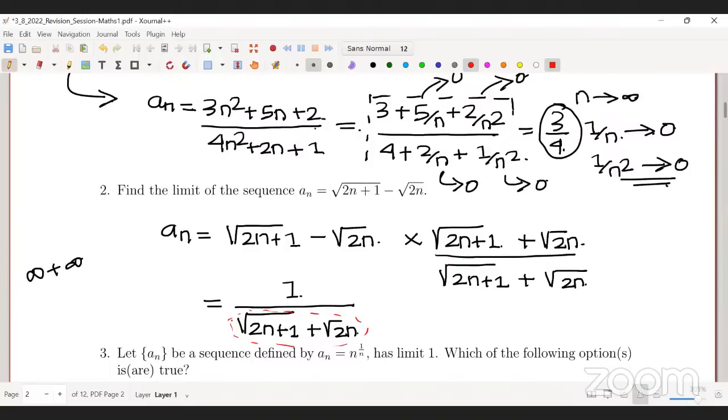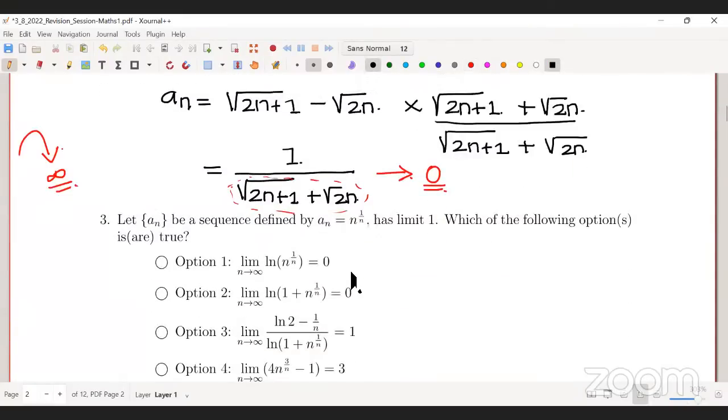That means the sequence in the denominator will diverge towards infinity. That means if I take 1 by something large, then I should get something very small, so this will converge towards 0. Is it clear? Yes. Okay, let's go to the next question.